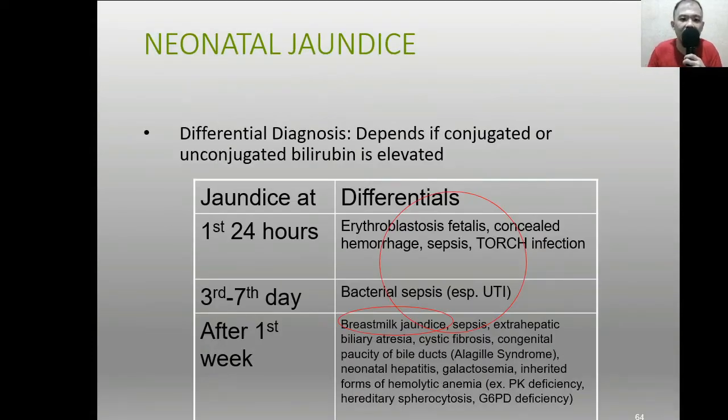What are the differential diagnoses of neonatal jaundice? It depends on whether it's conjugated or unconjugated bilirubin which is elevated. So these are the differential diagnoses. Take note, you have sepsis, infection, and erythroblastosis fetalis, that's still under hemolytic disease of the fetus and newborn, of the fetus because it's fetalis.